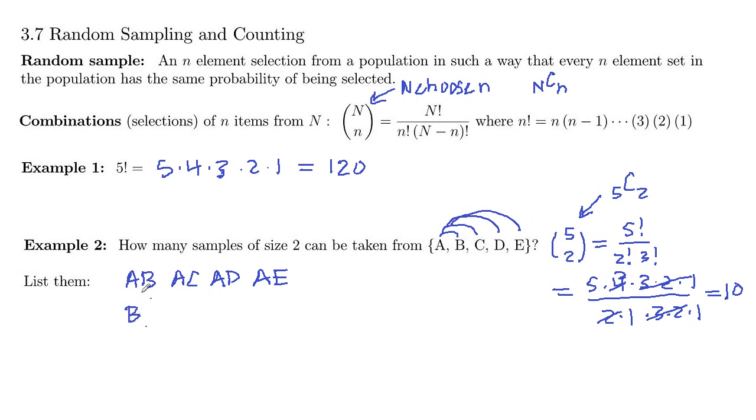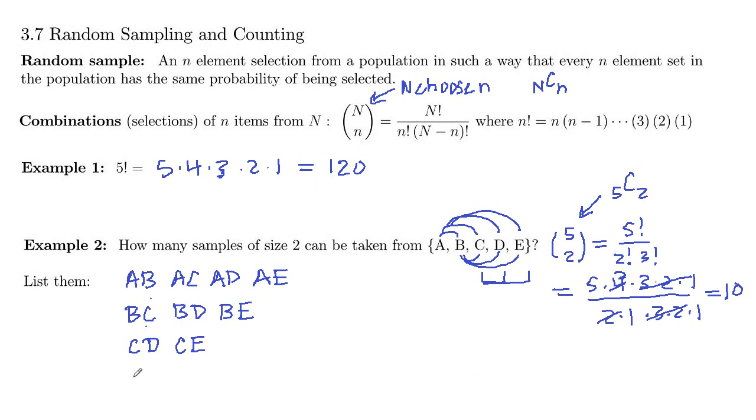Samples with B, we've already got B and A. So we could do B and C, B and D, B and E. So BC, BD, BE. And now samples with C, we've already got CA, we've already got CB, but we could do CD, CE.